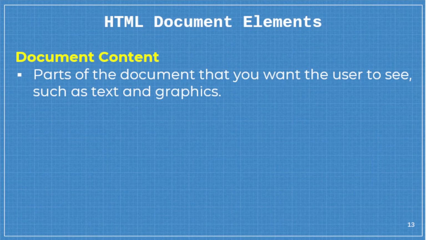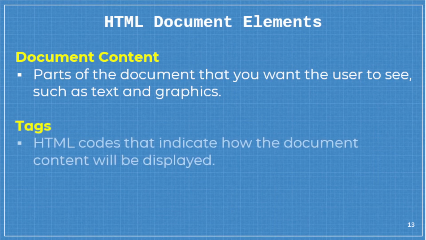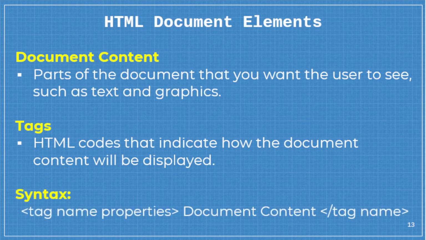You get the picture. Then there's the tags. Tags are the HTML codes that indicate how the document content will be displayed. Okay? So syntax, we have the tag name, properties, document content, tag name. The tags are responsible for how the document will be displayed. The document contents are the ones that you see on your screen.